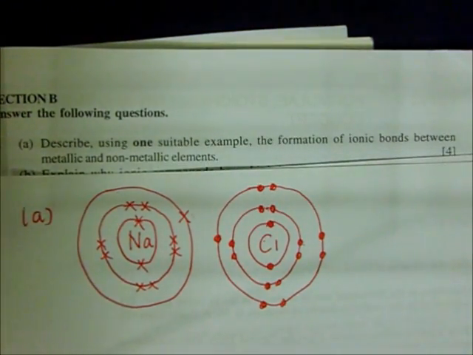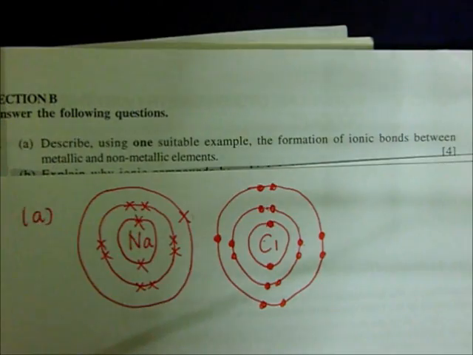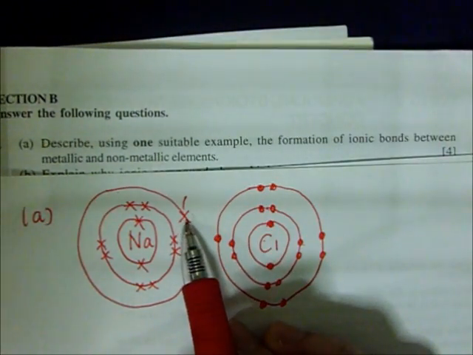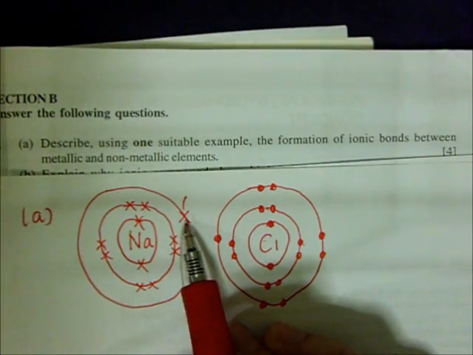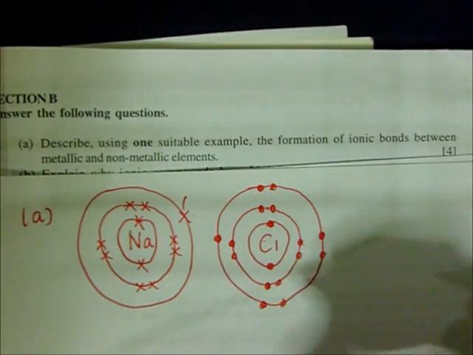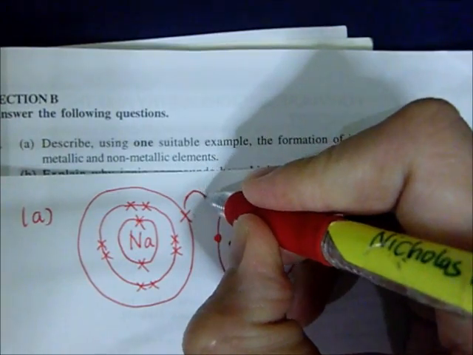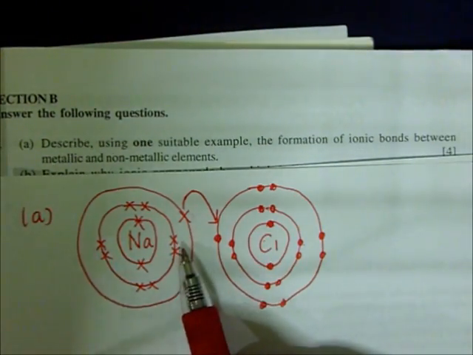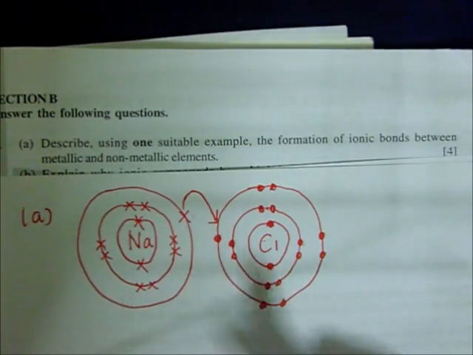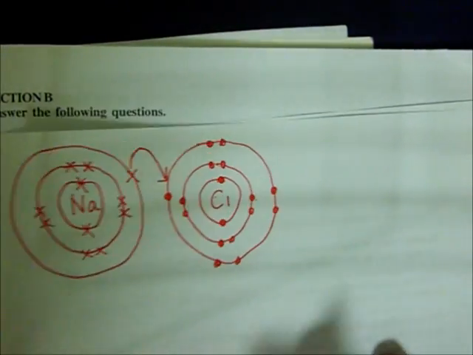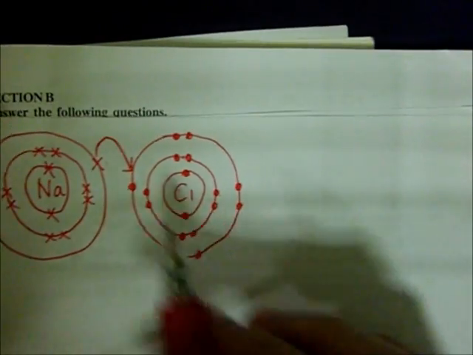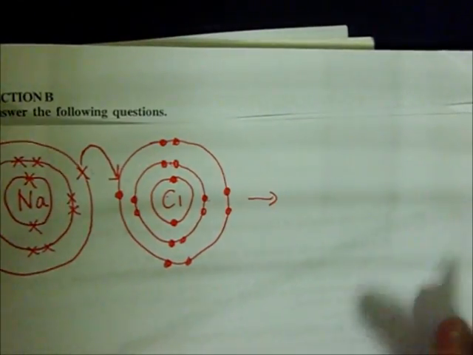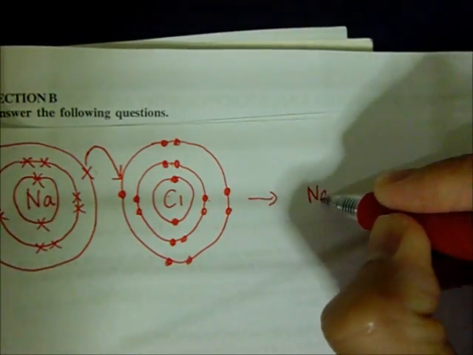So what happened for the formation of ionic bond is this, the valence electron of the sodium atom would be lost. Okay, so the sodium atom loses an electron to become sodium ion. So what it becomes now, since this electron is lost, it will become a sodium ion.